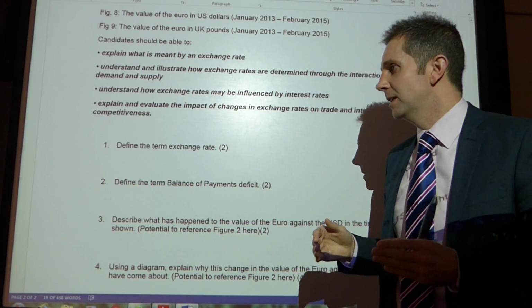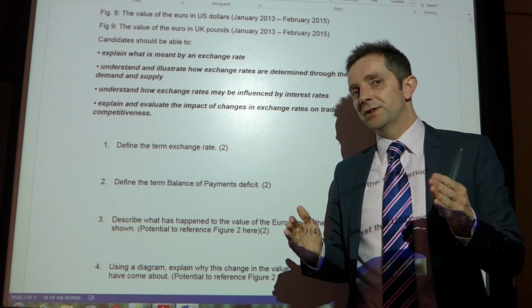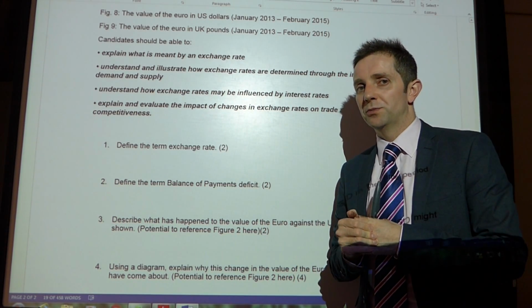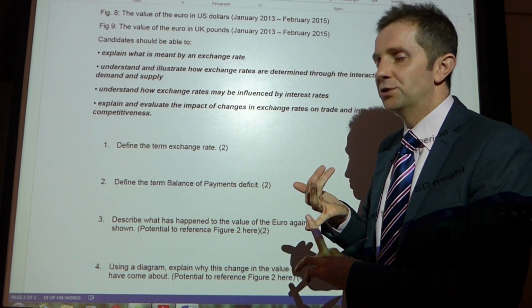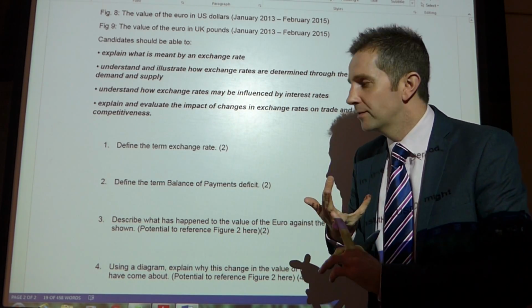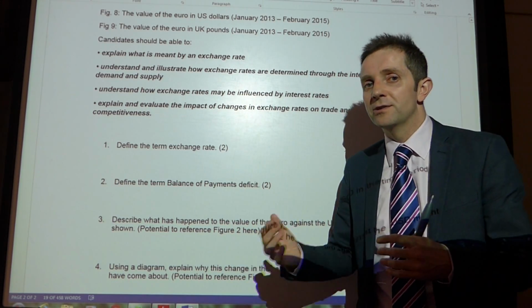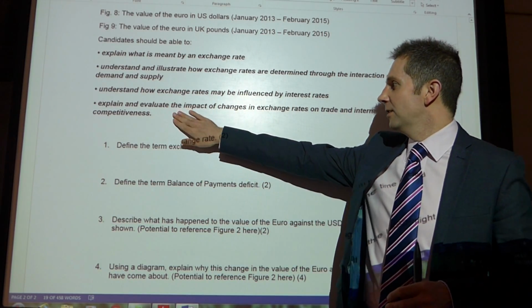So again, you would need to be aware of factors which might increase the demand for a currency or increase the supply of a currency. You should be familiar with all of those. So demand would be things such as changes in the interest rate, increased demand for exports, increase in tourism into the economy, increased foreign direct investment into the economy. And then again, this evaluate.